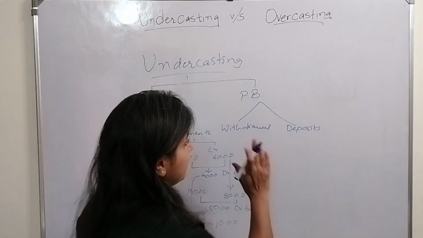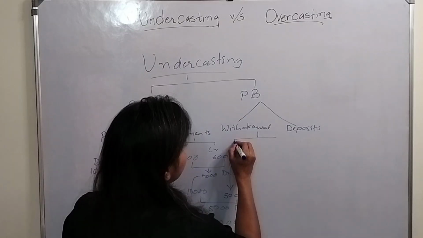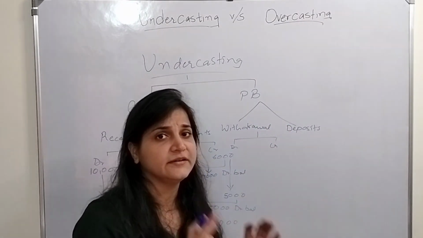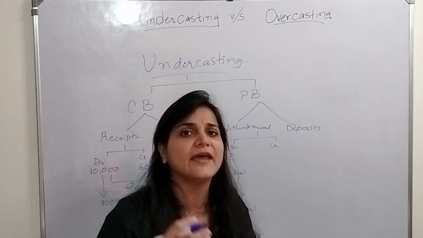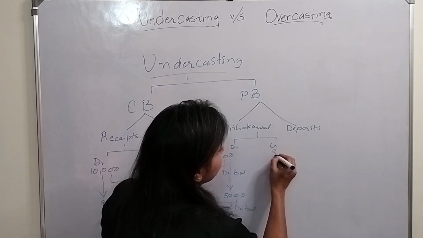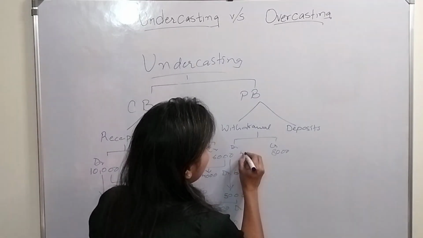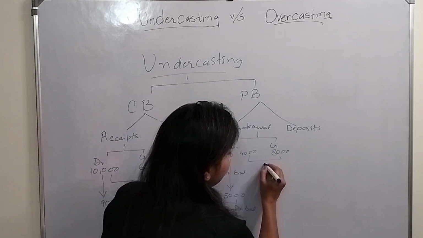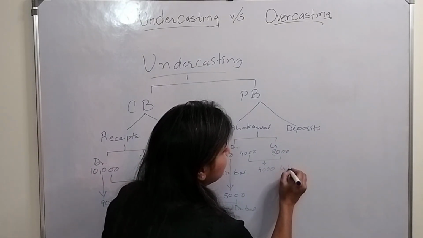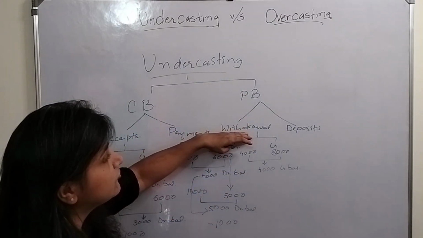Let's take the passbook. Passbook, withdrawal and deposit. Withdrawal is the debit side and deposits are credit side. I am here taking the favorable balance. You can also be given an unfavorable balance. My deposits are 8,000. My withdrawals are 4,000. So my passbook balance should show a credit balance of 4,000. But the bank has undercasted the withdrawal amount.